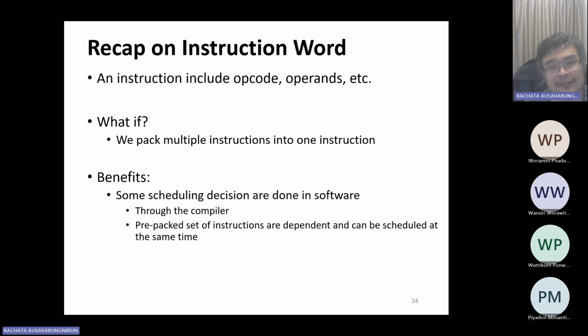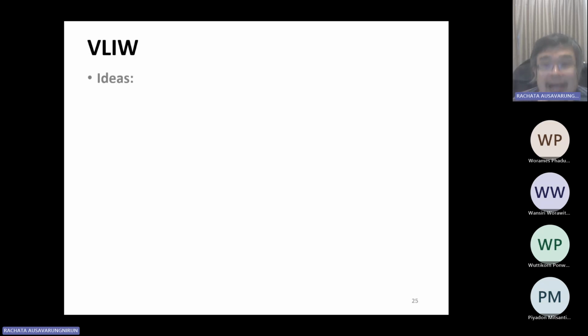The benefit is the scheduling is done through the compiler, because the compiler now needs to figure out two independent adds and one independent multiply and put them here. It allows the compiler to pre-pack a set of things that you can do, right? So that's basically the concept of VLIW, or very long instruction word.